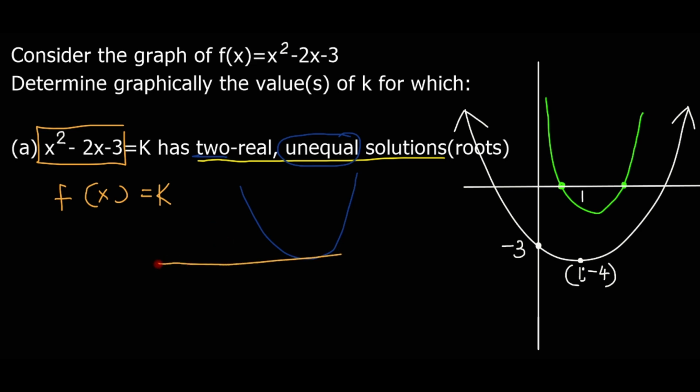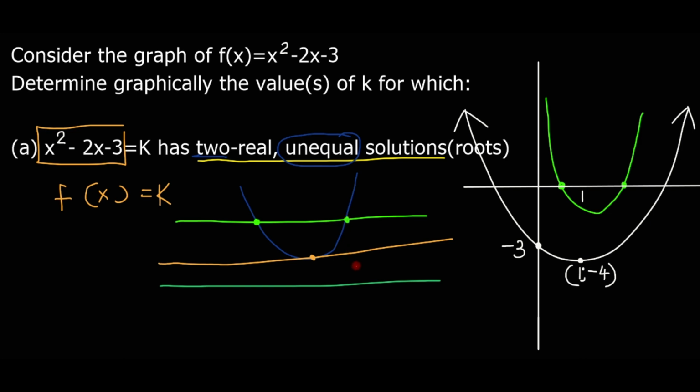Because equal solutions touch at 1 point, and none doesn't touch at all, because it has two, it will touch the graph at 2 points, so that it forms this point and this point.